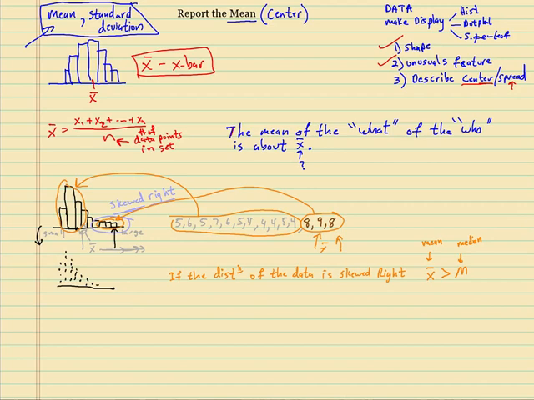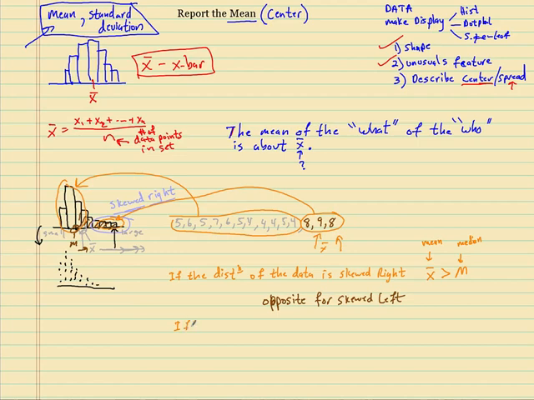You see? Because if you look at this as 50%, 50%, the median's going to fall right here. So the mean is bigger, okay? And it's the opposite for skewed left. These are good things to know.